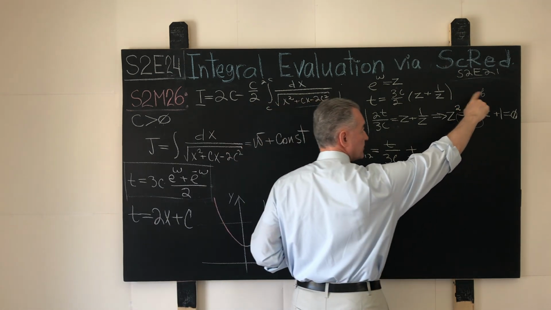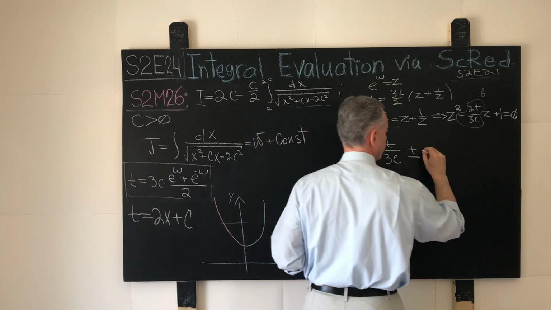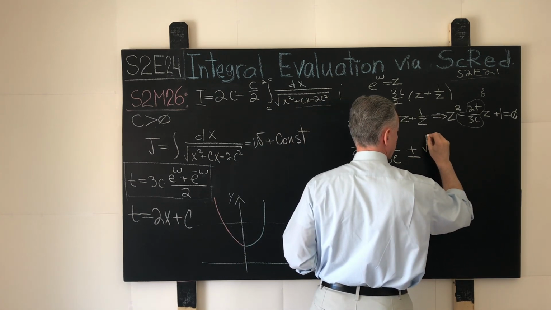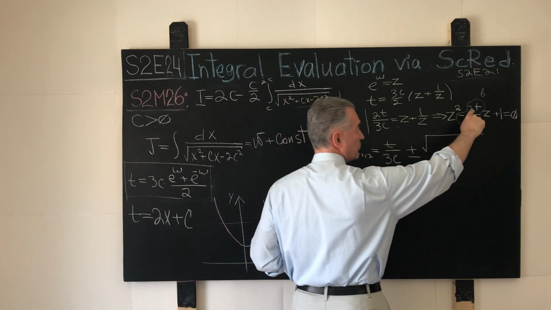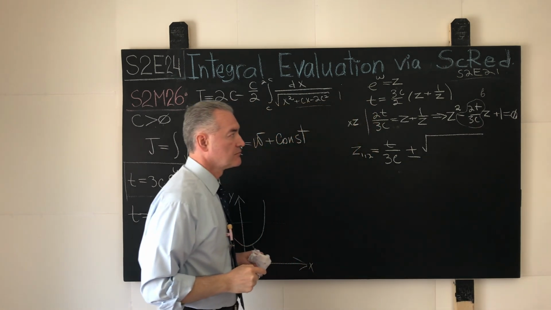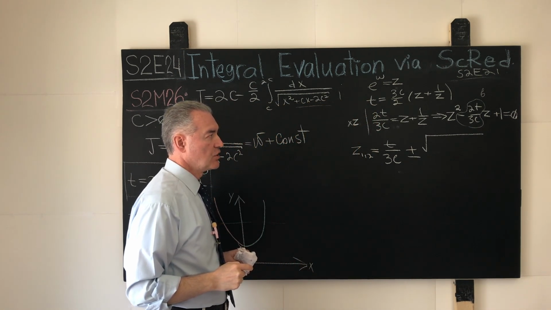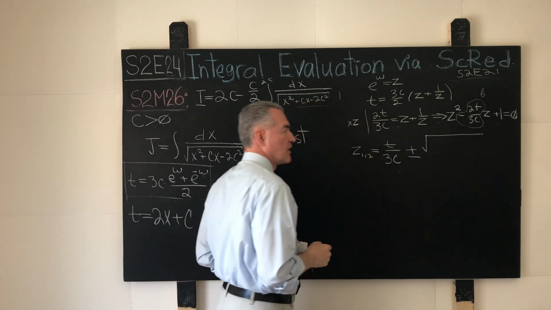So minus b over 2 becomes t over 3c plus minus square root of, let's compute this together, b squared will be 4t squared over 9c squared minus 4 times 1 times 1.